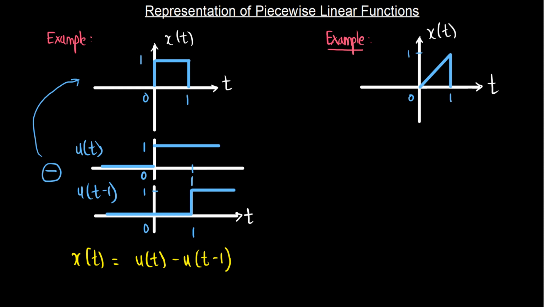So the signal here can be represented as t, just because the slope here is 1, because y2 minus y1 upon x2 minus x1, that is 1 by 1 times t, will give you the signal that is being represented from 0 to 1.